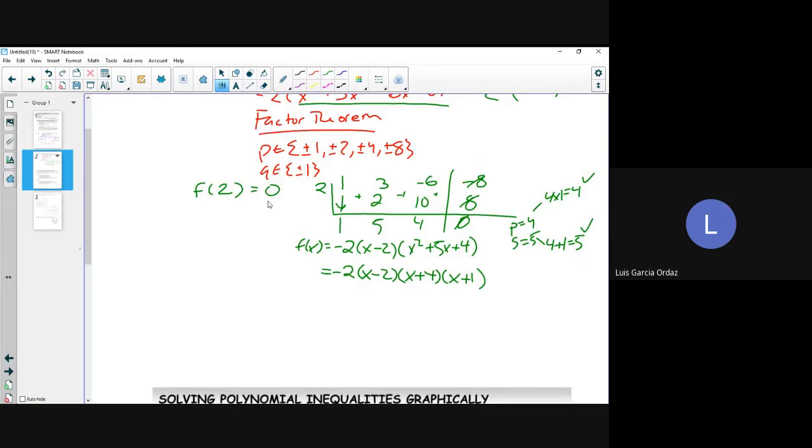So let's try the sign chart again. But before we do our sign chart, what are our roots in this polynomial equation? x is equal to what? 2, negative 4, negative 1. Yep.